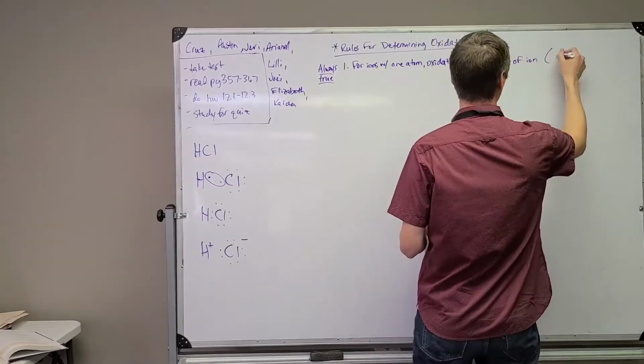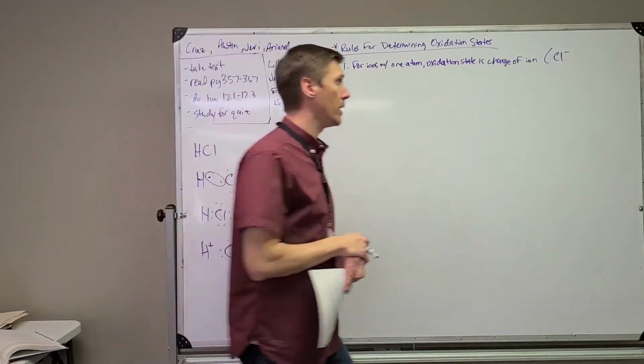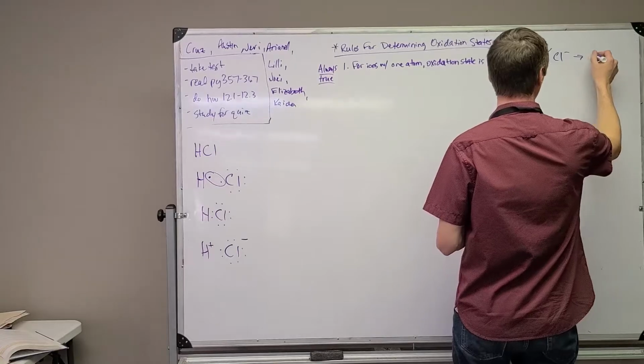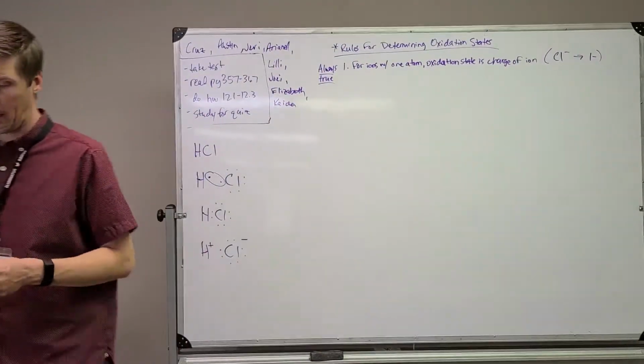So in other words, if you have Cl minus, which has just 1 atom in it, then the oxidation state of Cl will be 1-. Okay?